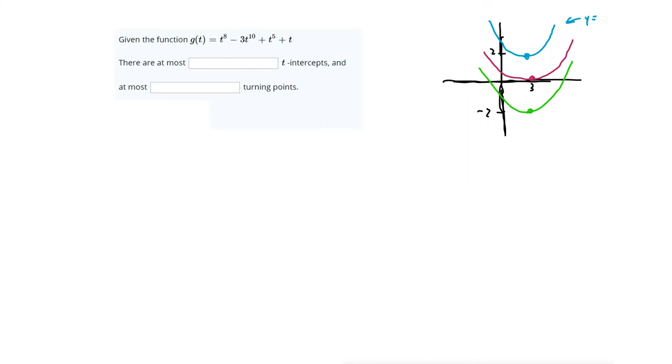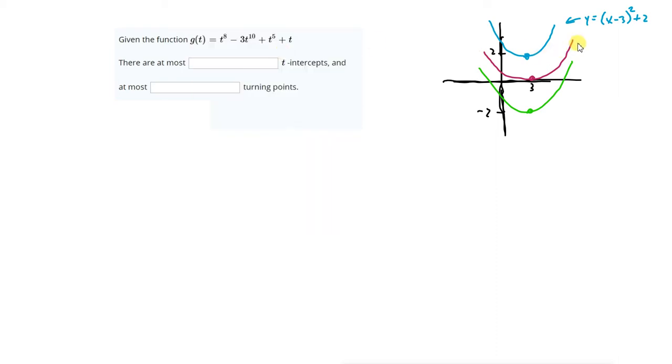So what would be an equation for the blue one? I know it's going to be x minus 3, because I'm moving to the right by 3, and to the right you have to force people to plug in bigger numbers, so you have to subtract 3 to force people to plug in bigger x's. And then I'm going to go up by 2. You don't need the equation, but it's good practice.